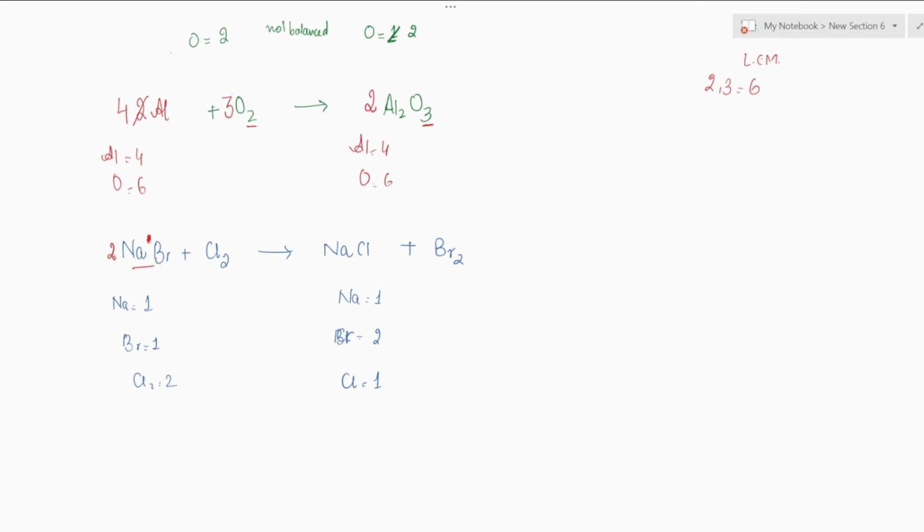We cannot put it in between the chemical compound. And 2 over here. I guess it's balanced now. Just check and tell me, is it balanced now? Okay? It's balanced. Good.